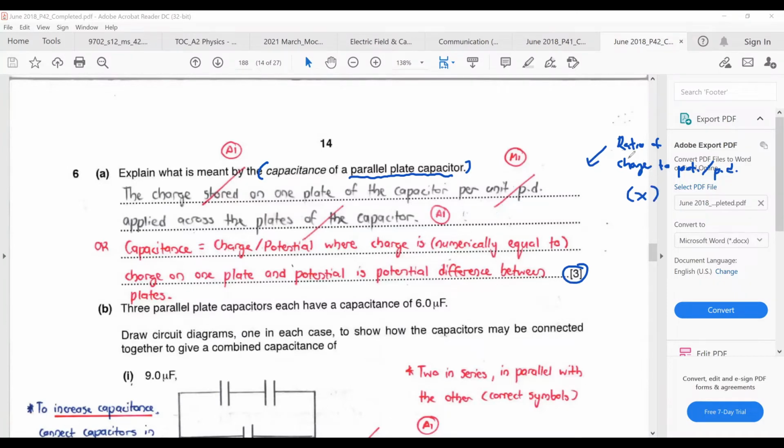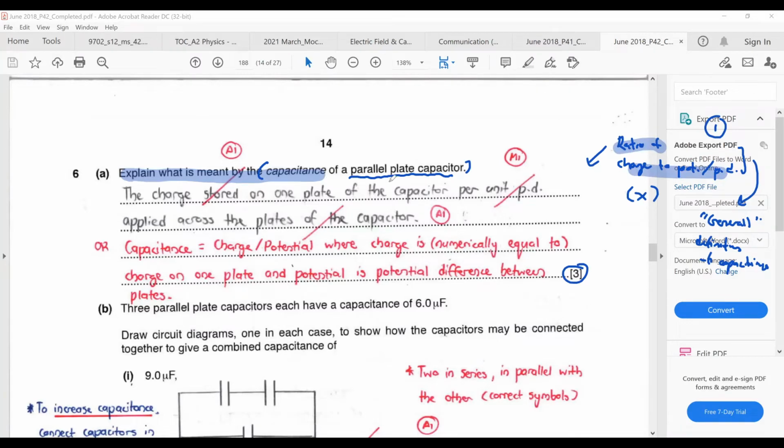I mean, you probably only get 1 mark, but the other 2 marks you won't get, because this is strictly speaking the general definition of capacitance. You have seen that question before, when they ask you to explain what is meant by capacitance itself. If it's asking you to explain what is meant by capacitance, then you say this ratio of charge to PD.